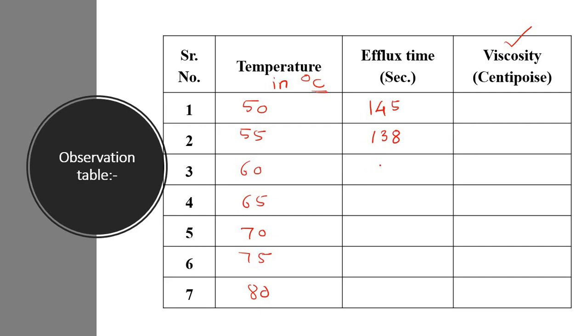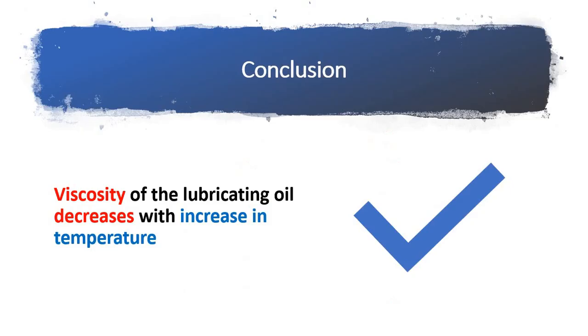Then for 60 degree Celsius, 132 seconds. For 65 suppose it is 125. For 70 it is 120. For 75 suppose it is 112 seconds, and for 80 degree Celsius suppose it is 105 seconds. Depending on these observations you can calculate the viscosity in centipoise.